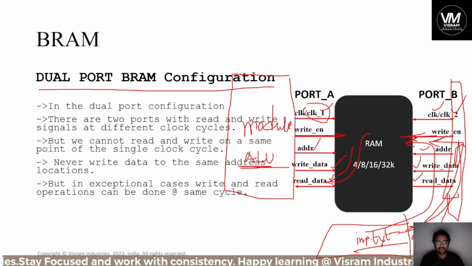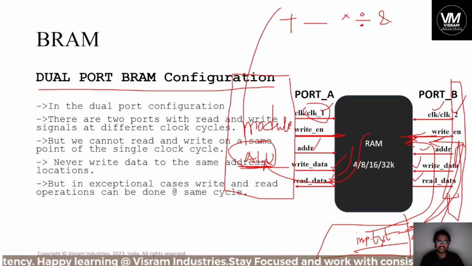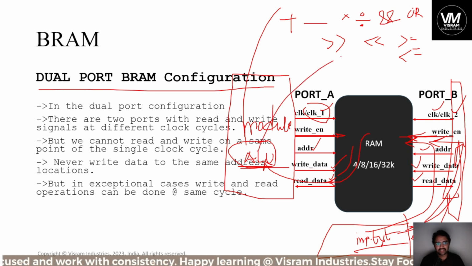In this clock, the read data is utilized in the ALU for additions, subtractions, multiplications, divisions, and also logical AND, OR, right shift, left shift, and comparison, greater than, less than, and assigning, every other ALU operation it can do.